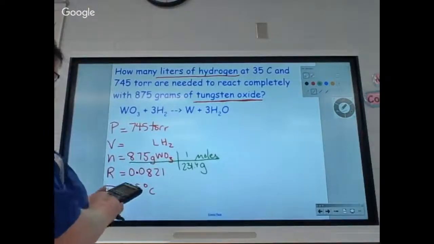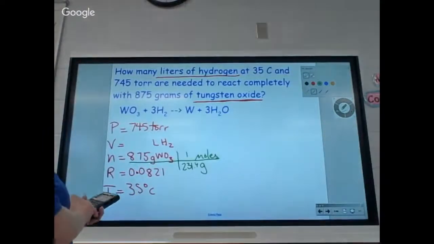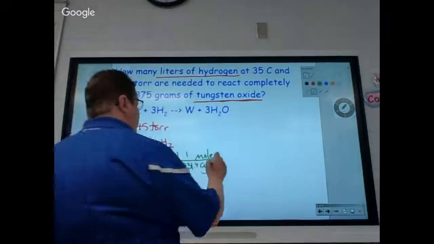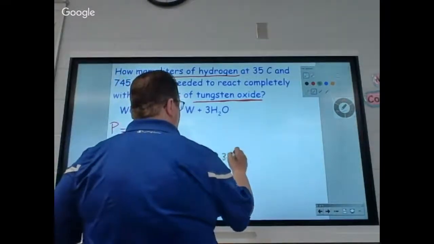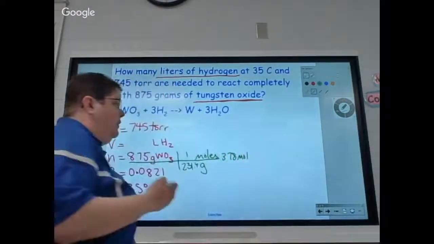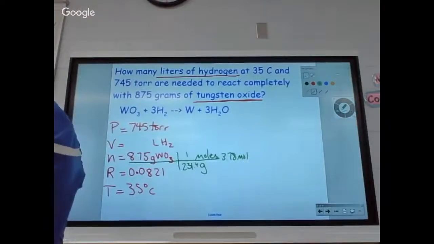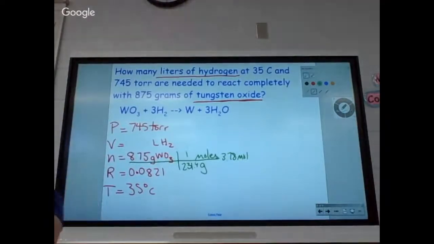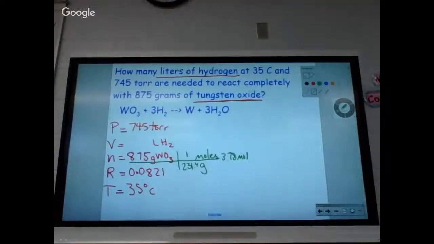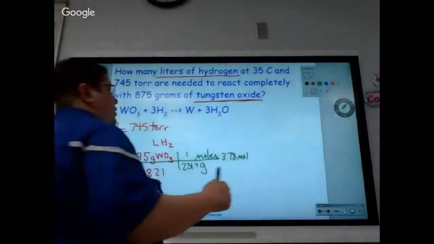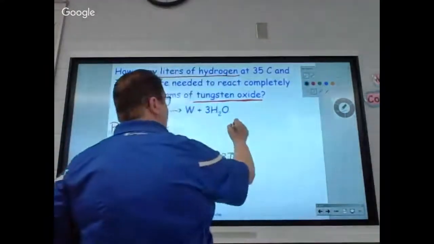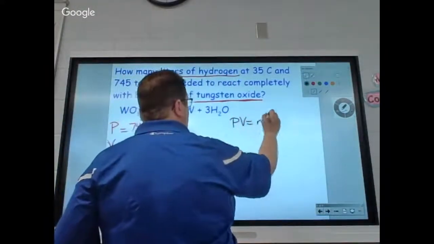So 875 divided by 231.4. I had 3.78 moles. Now, that's what most of you are going to do. Okay? Absolutely nothing wrong with that. Now, some of you might go ahead and go moles to moles at that step. If you wanted to, A-okay. I'm not going to do it that way because that's not what the vast majority of you would do.